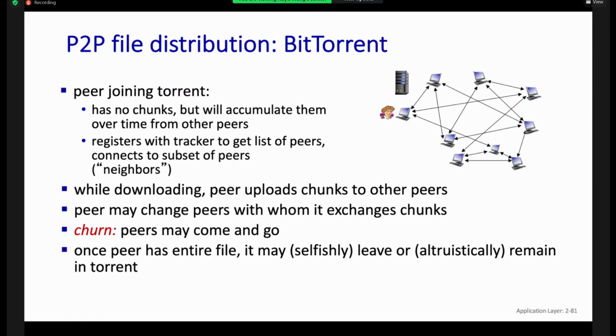And there is a question here: once Alice joins this torrent, how does she request chunks, and how does she send chunks? What's the strategy for these two things, sending and receiving?